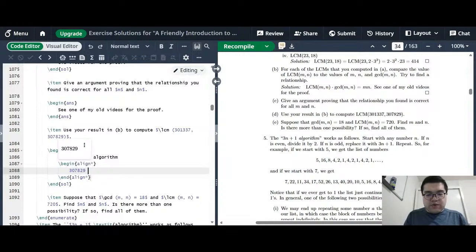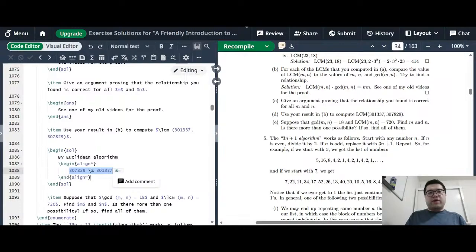307,829, and then we're going to divide by the first number, 301,337. And again, we only care about our remainder. So we will go back to Wolfram Alpha, and then we're going to take the remainder of this.